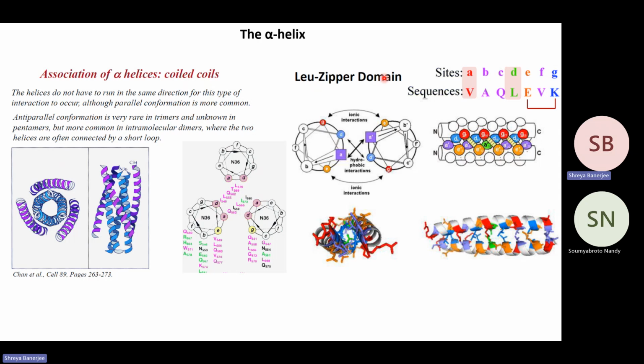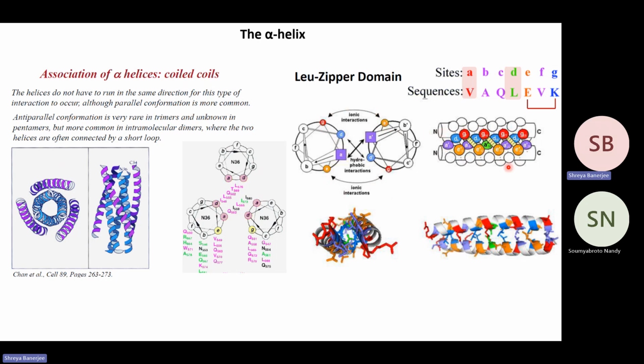Another is the leucine zipper. Leucine zipper is one where there are only two alpha helices associating, but they associate in a very different kind of way. The residues that are facing each other here are held together by hydrophobic interactions, and the residues on the surface are held together by ionic interactions.